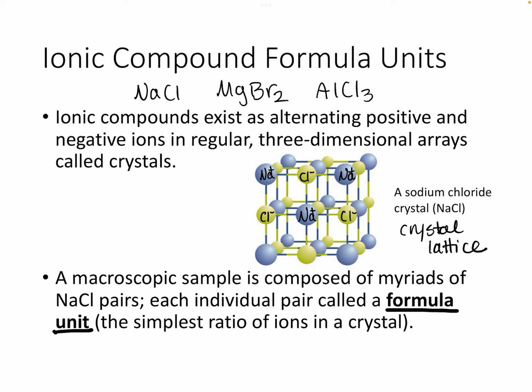Same thing for aluminum chloride. We would see the simplest ratio, or the formula unit, is 1 aluminum ion for every 3 chloride ions.